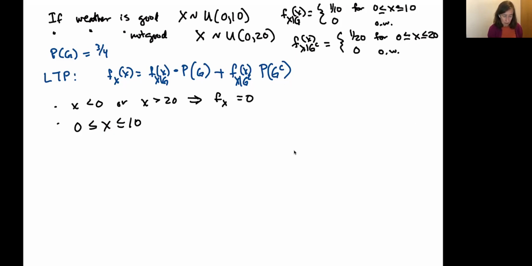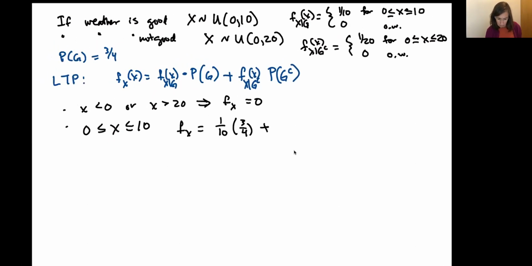And so let's do that. f of X is going to be f of X, the PDF for good weather, that's 1/10, times the probability that we have good weather, that's 3/4. Okay, so I'm taking this 1/10 because I'm in that range, and this 3/4 because I'm thinking about the good weather case here.